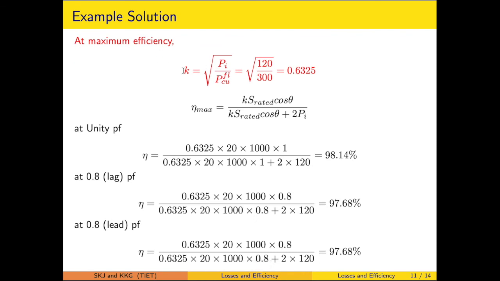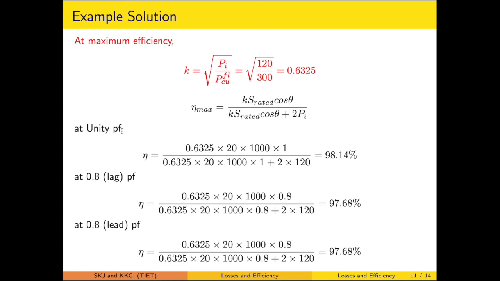So at maximum efficiency, K, which is the percentage loading term, comes out to be the square root of Pi upon PCUFL, so 0.6325. This factor is fixed, S rated is fixed, only the cosine theta is changing.